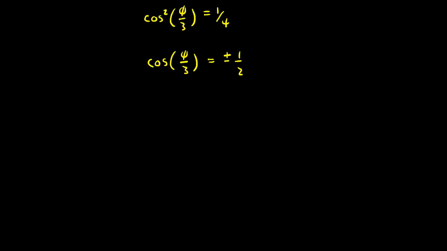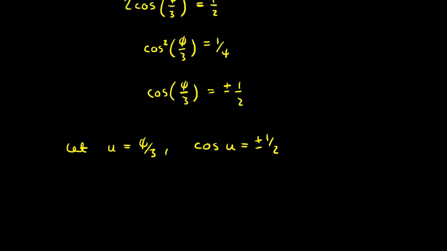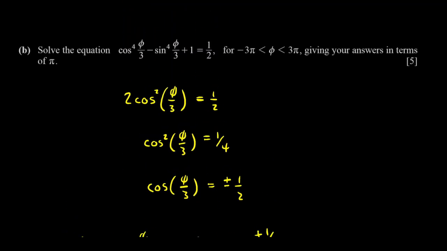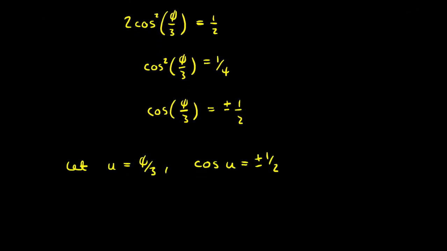And in order to use a graph, I think you should use a substitution. So I'm going to say let theta, I guess, or let u, I'll call it u, equal phi by 3. That means that this problem now becomes cos u is equal to plus or minus a half. And previously, we had boundaries between minus 3 pi and plus 3 pi.